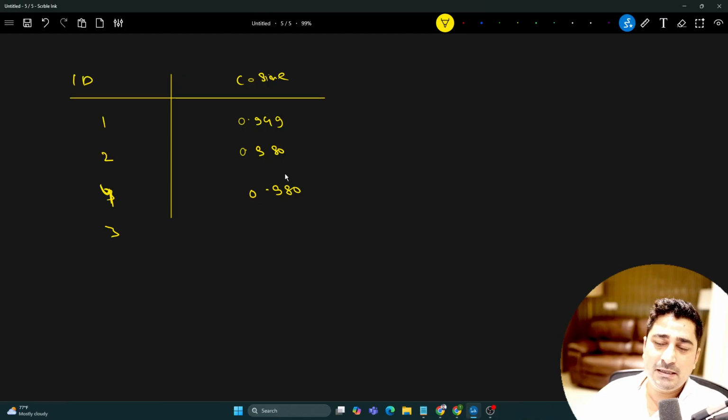Let's suppose ID3 is not available in this cluster and is in some other cluster. Even for ID3 we could find the cosine similarity, but let's suppose I'm not finding it. It's completely fine. Leave it for now.